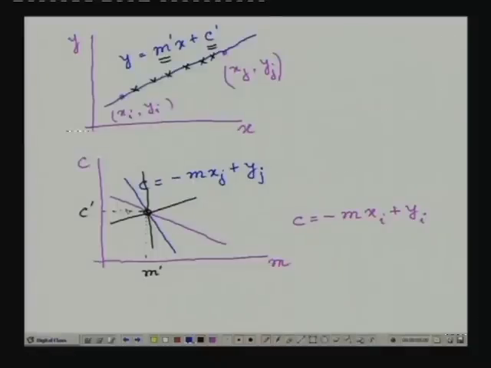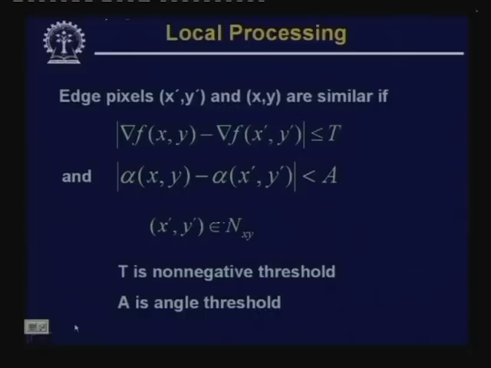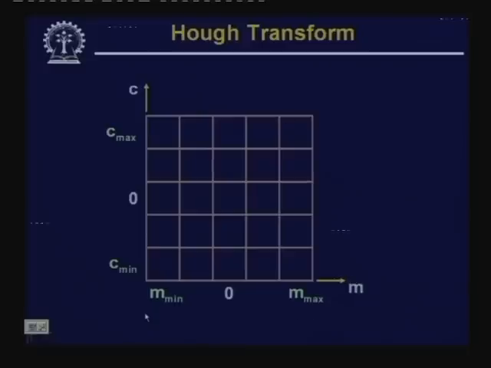So, we have to see how this Hough transformation can really be implemented. For implementation, the entire MC space has to be subdivided into a number of accumulator cells, as has been shown in this particular figure.